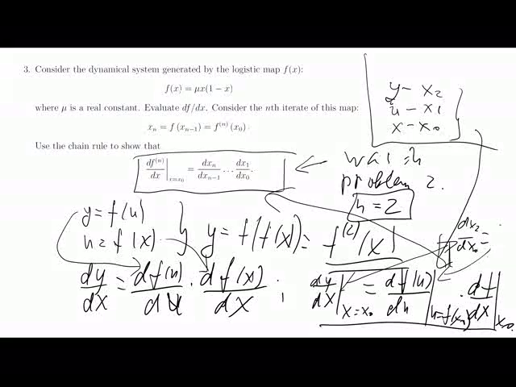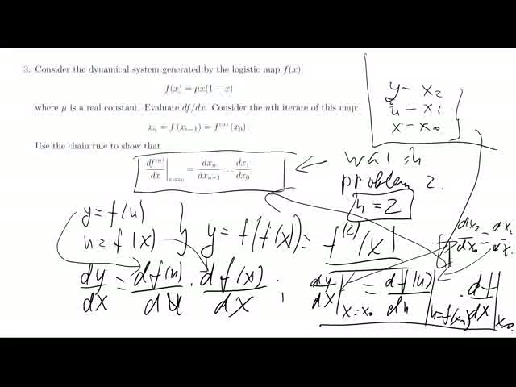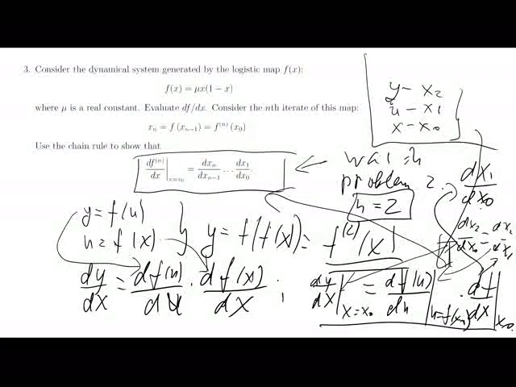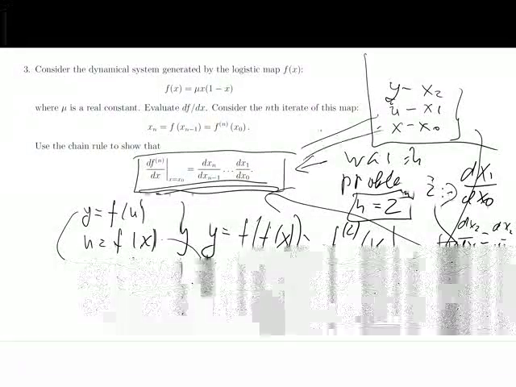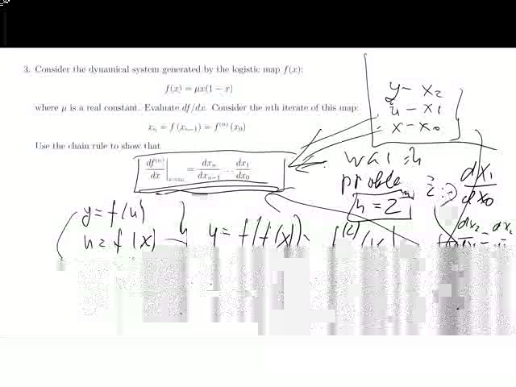This one will be dx2 over dx1, and this one will be dx1 over dx naught. So this eventually transfers into what we want after this change of notations. Was it okay? I did it for n equal to 2, but you can probably see that it could be done for any n, not necessarily 2. Was it convincing? Questions?